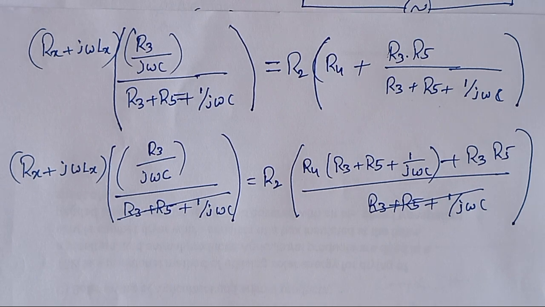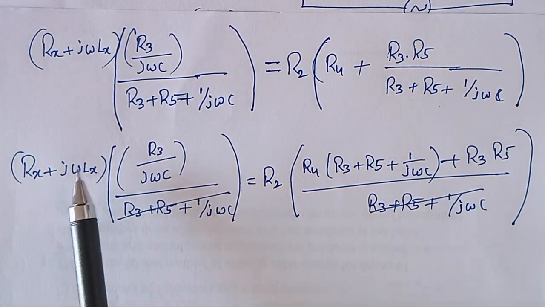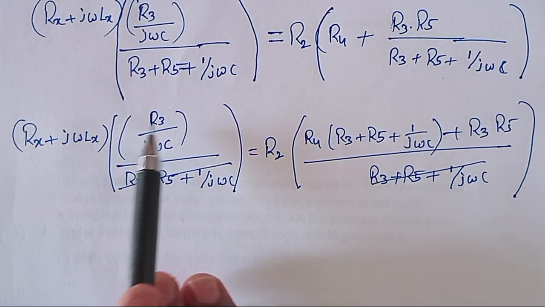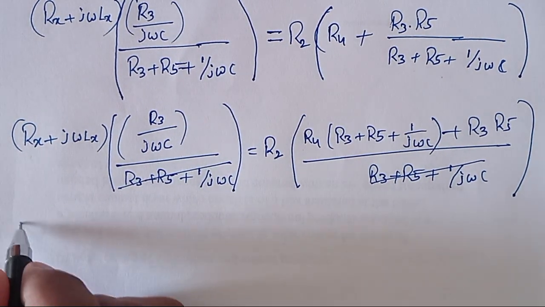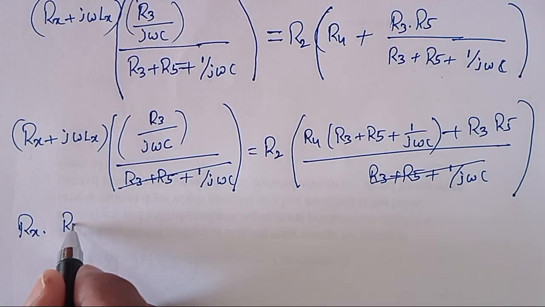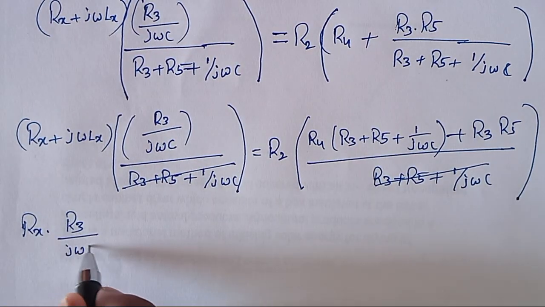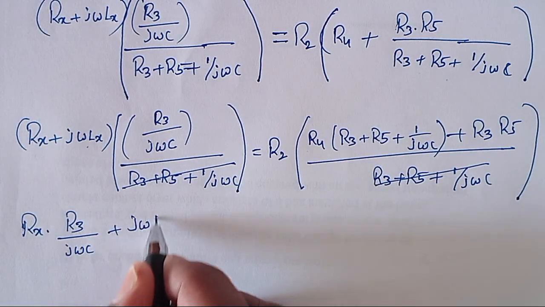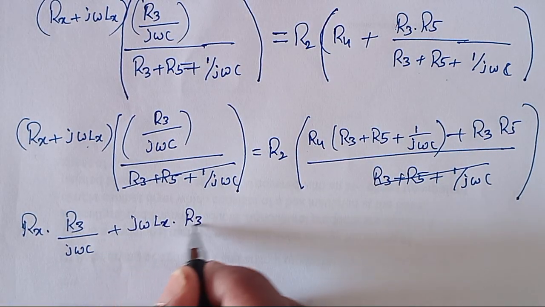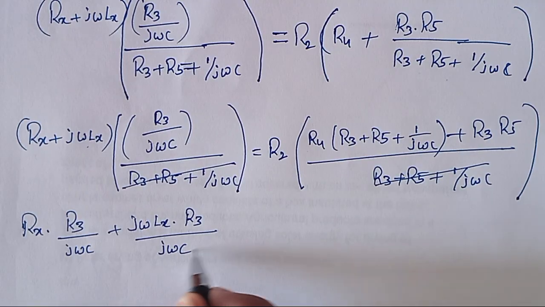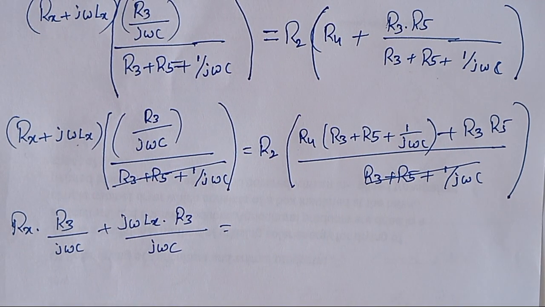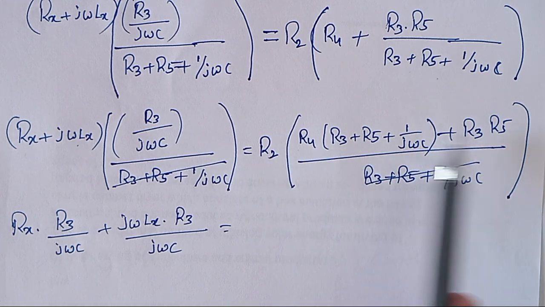So I am having this term and this term. Now look at here, I am multiplying this one with this one. So Rx into R3 by j omega C, plus j omega Lx into R3 by j omega C, equal to, I'm multiplying R2 internally.